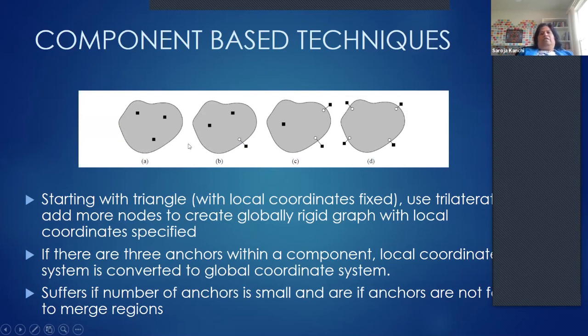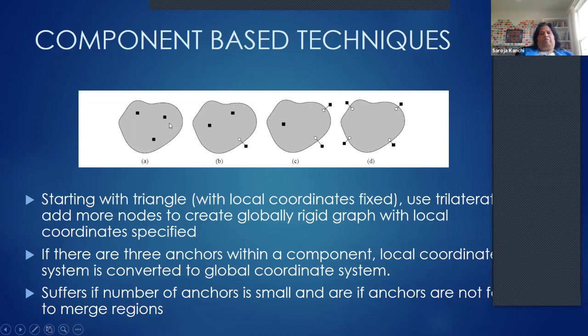So how does one find the initial globally rigid region? The authors of this paper used trilateration. They started with a triangle, created a local map for the triangle, and then using trilateration, started localizing using this local coordinate system. Once the anchors were found, you would move to a global map.